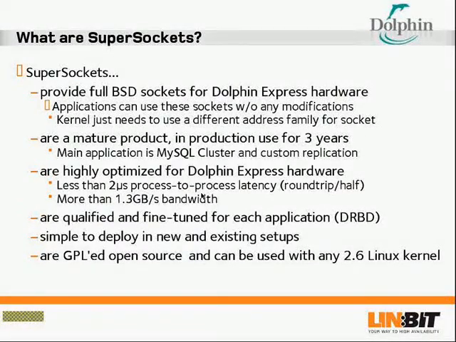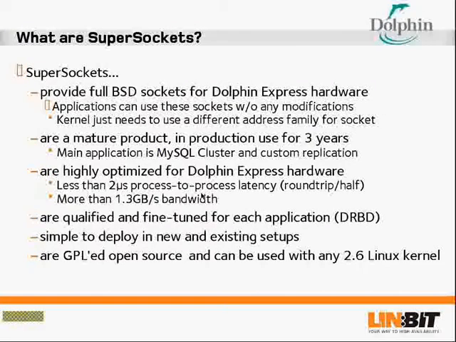And next to the optimization for the hardware, we also work with our partners like LINBIT for DRBD to qualify and fine-tune SuperSockets for the specific application. Another important aspect is that we made a lot of effort to make it simple to deploy in new and also in existing setups.